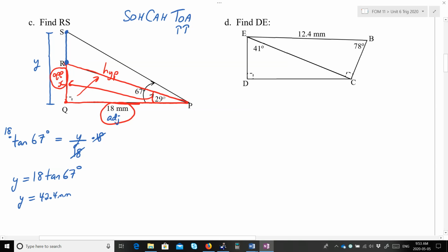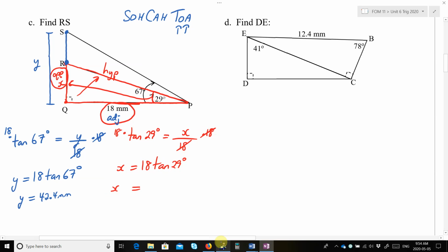Looking for opposite, and we have adjacent, so that comes from tan. So tan of 29 degrees is equal to opposite x over adjacent 18. And multiply both sides by 18. So x is equal to 18 tan 29.